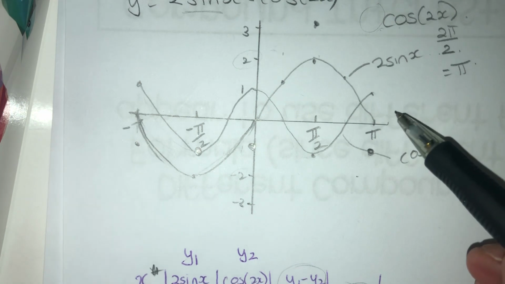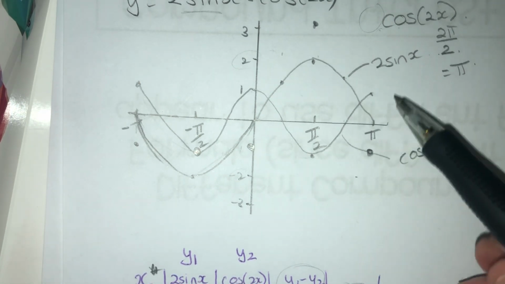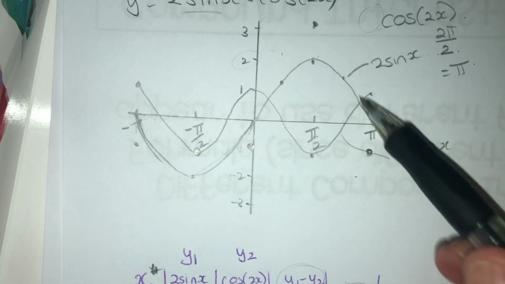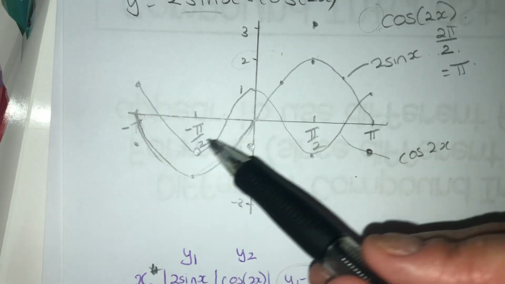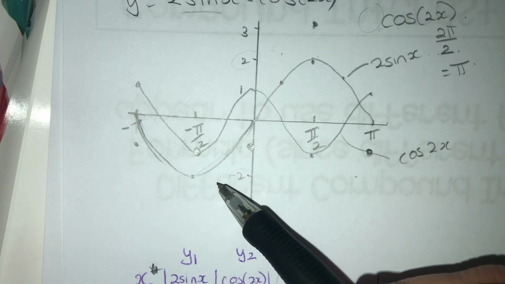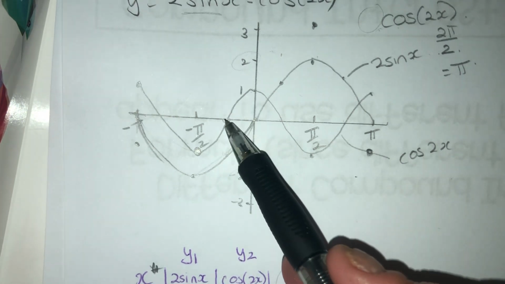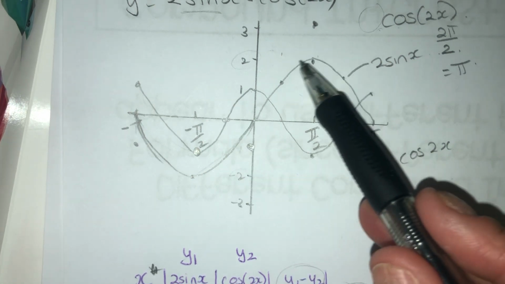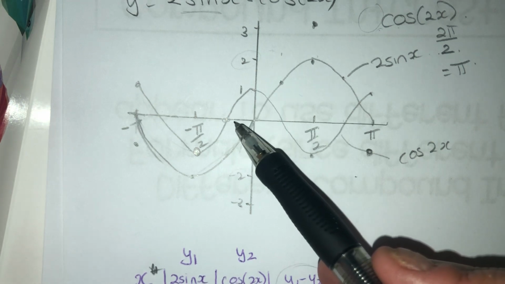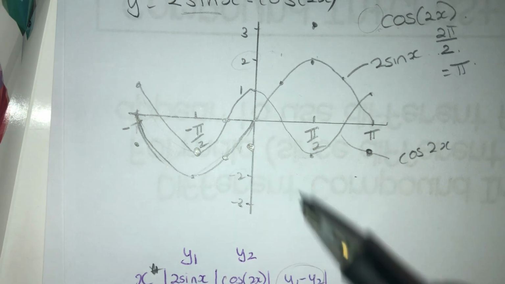Now we can do a few other ones by eye just to see what goes on in between these ones. So the question is 2 sine x, so it's this one, subtract this one. So for instance, if we have a look at here, where it's actually crossing the x-axis, this is the one we want, this, subtract what we have here is going to still give us this value.